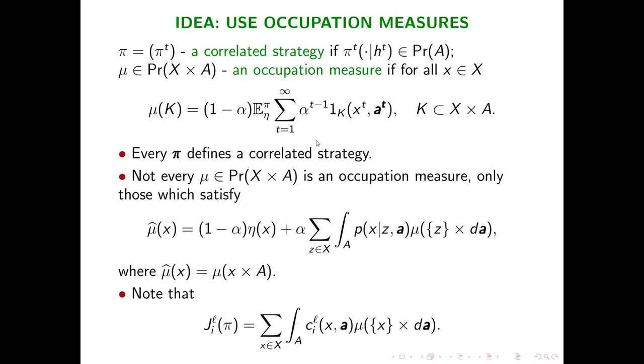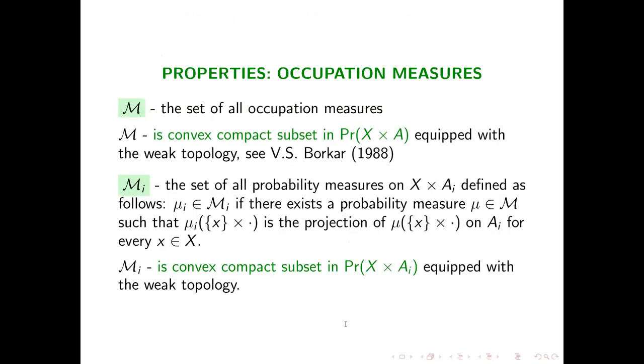This follows again from the definition. So instead of writing the expected cost with the aid of expectation and pi, we can write this with the aid of the occupation measure mu. And now what do we do here? So first of all, we consider the set of all occupation measures. This is calligraphic M.